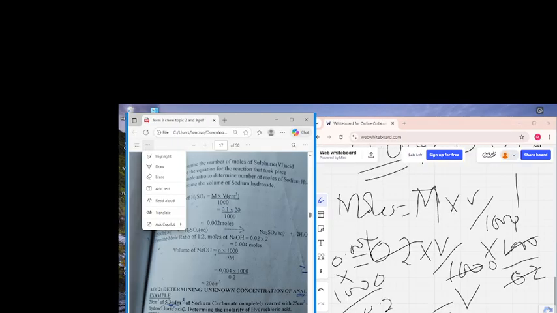So volume is equal to 1000 times 0.004 divided by 0.2. You see? And the answer will be 20 centimeter cubic.